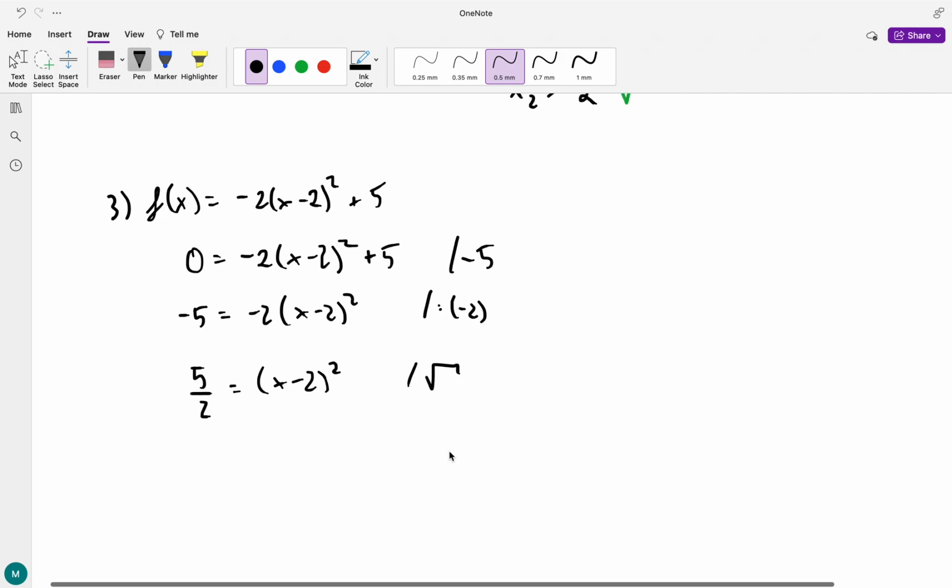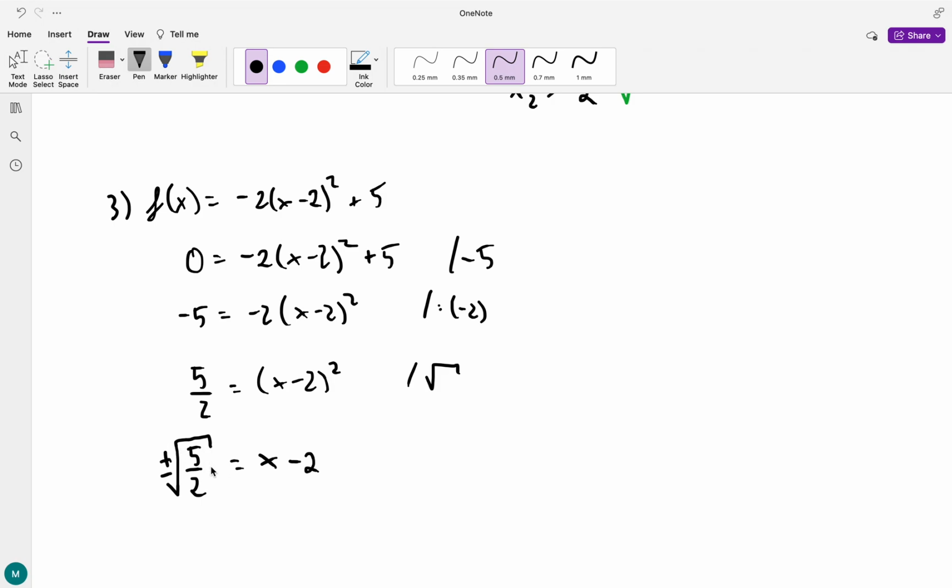So keep in mind that negative 2 squared is 4, but so is positive 2 squared, 4. So we need to keep that in mind when we take a square root from both sides. So we will end up with plus or minus the square root of 5 over 2 equal to x minus 2.